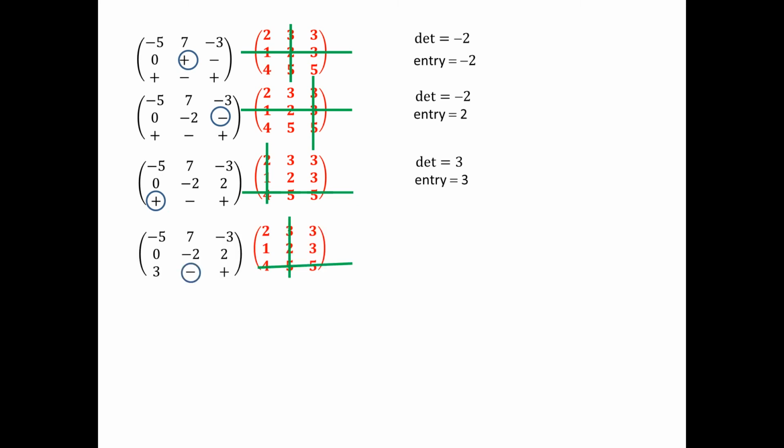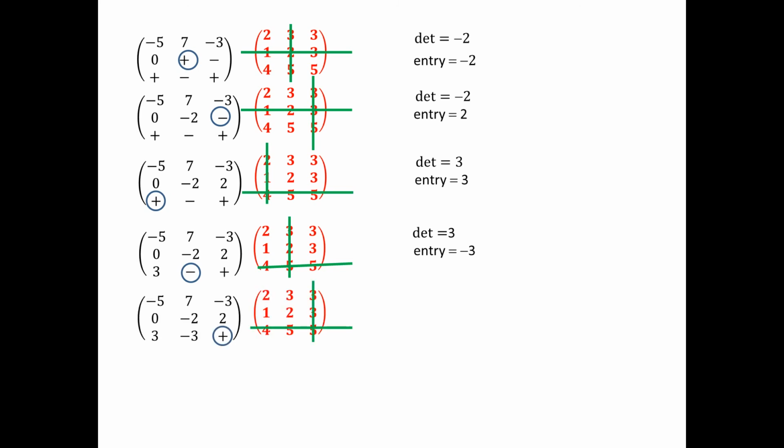The penultimate entry, the determinant is 2 times 3, take away 3 times 1, which is 3. The sign in the grid matrix is a minus, which means that the entry is going to have to be minus 3. And then finally, the determinant is 2 times 2, take away 3 times 1, which is 1.